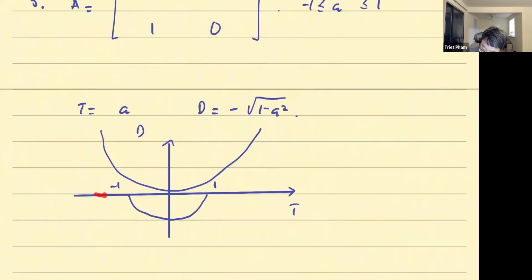What is special about this one? Do you remember? If on this line, what happens? What happens on this line? And tell me the behavior of the solution on this line.